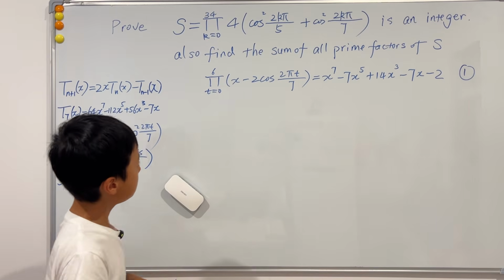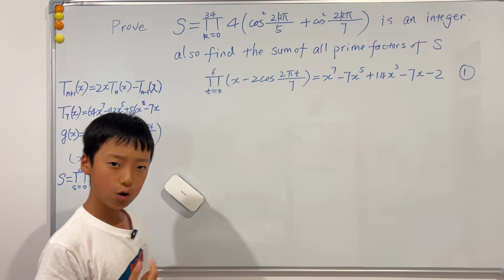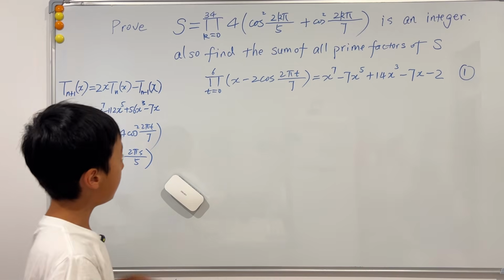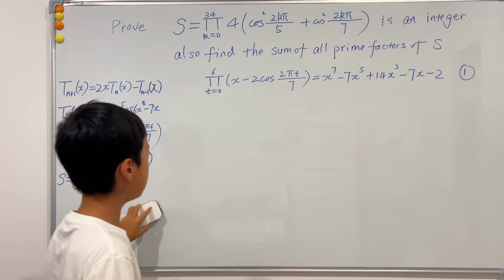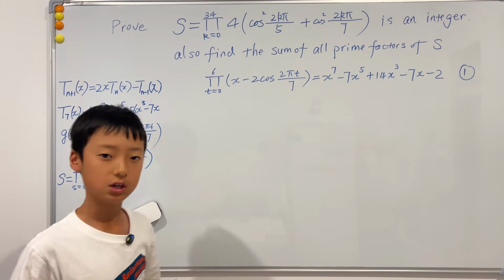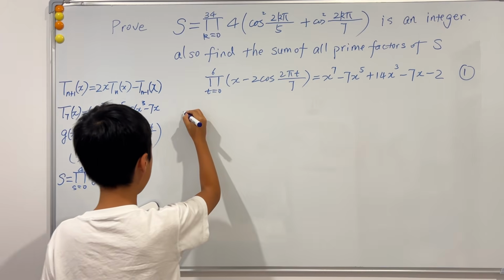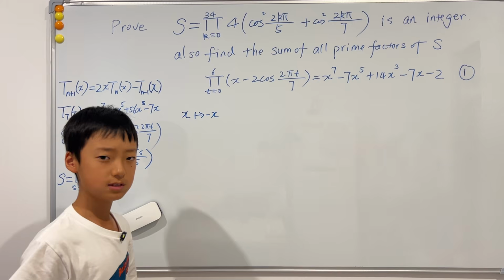But if we can multiply by its conjugate, then it'll be closer, right? At least this term will be correct. So how do we make its conjugate? Well, just then I explained to you that fundamental theorem about polynomials. So what we can do is just replace the x with negative x, right?